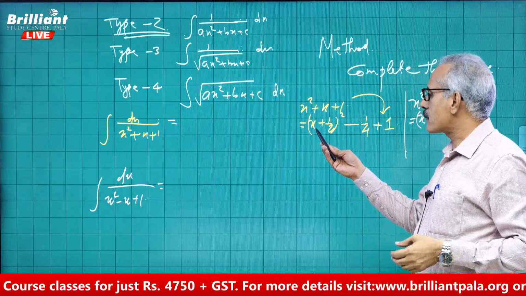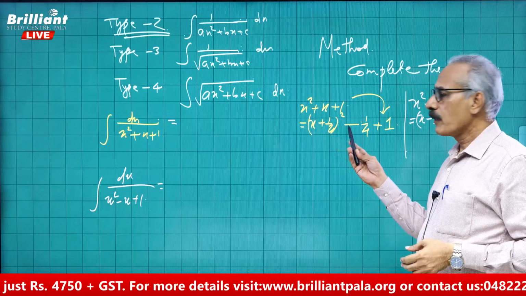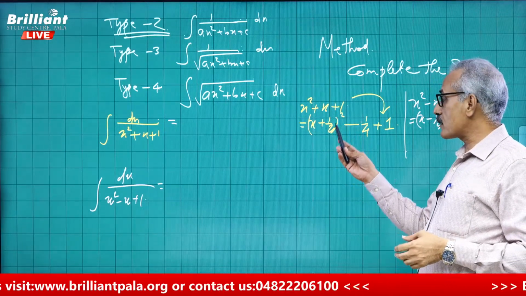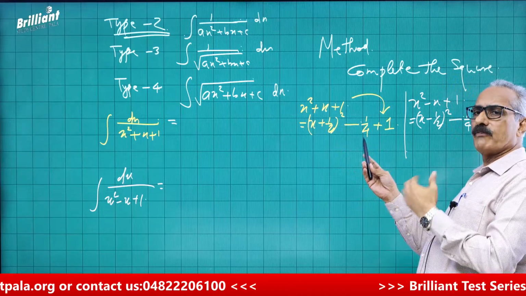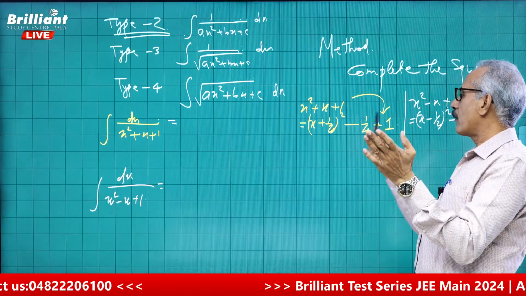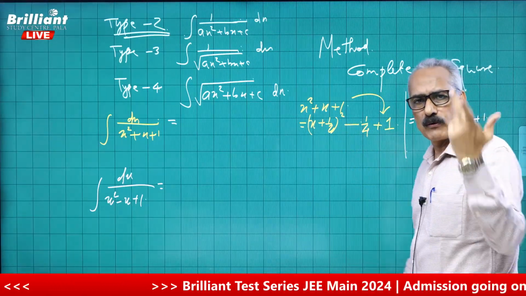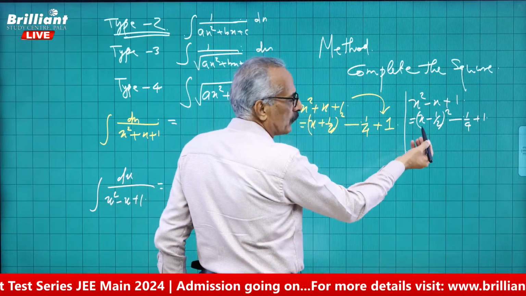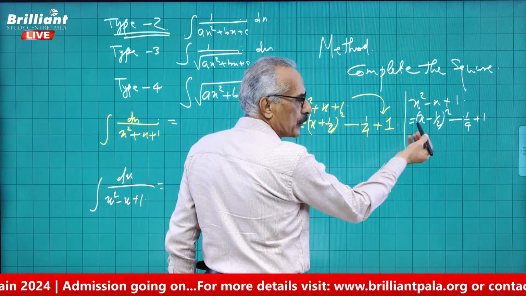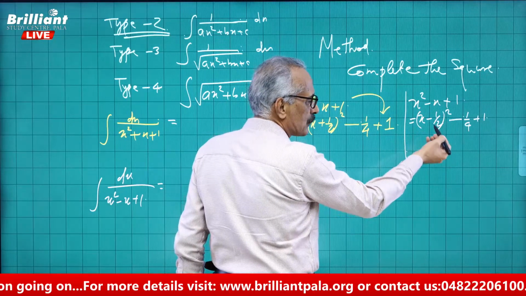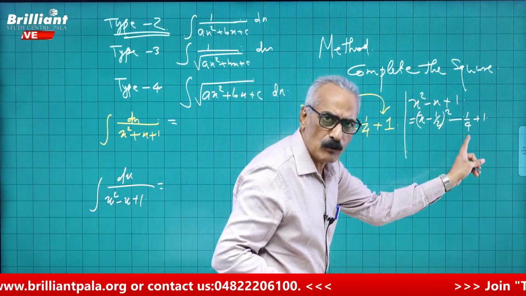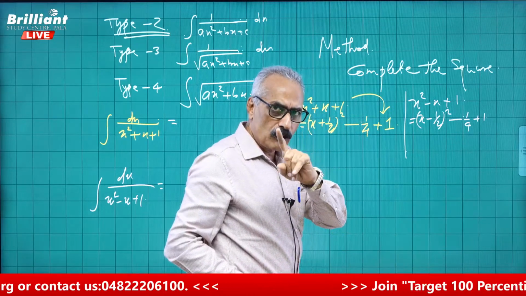Expand this: x square plus 2ab, 2 into half into x, that is plus x, plus 1 by 4, minus 1 by 4 cancels, and 1 is already written. This is absolutely right. Same way, a minus b the whole square: x square is there, minus 2ab, minus x is there, plus 1 by 4 should be cancelled with the minus 1 by 4. That's why there is minus 1 by 4, not plus 1 by 4.